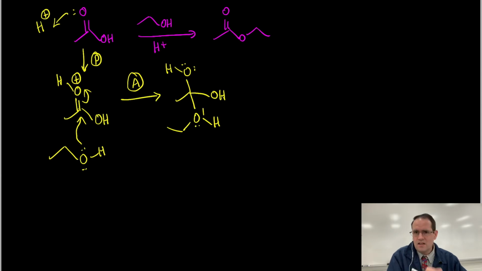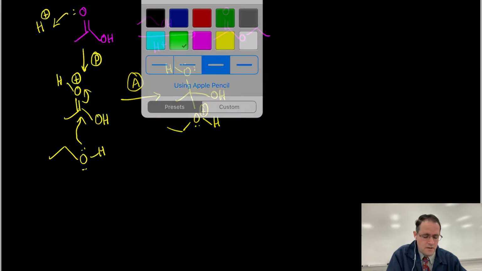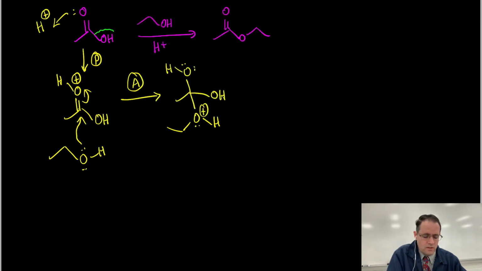And there's a lot of oxygens here, and it can get kind of confusing what's where. But remember that the goal here is to kick off a leaving group of some kind. Once again, in the nucleophilic acyl substitution, we want to kick off this group, but we can only kick off water. So that's actually a side product here.